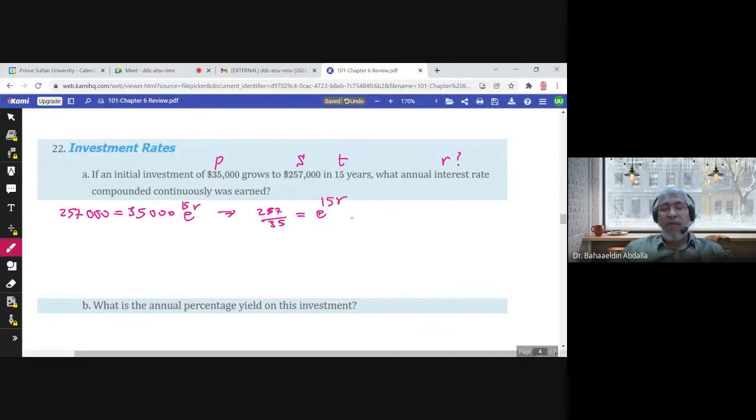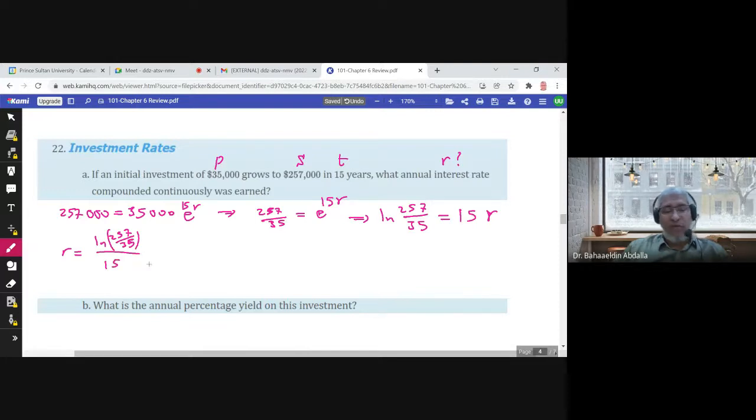And now we apply ln to both sides. And we know that ln of e to the x is equal to x. So if I put ln here, it will cancel with e, and I'll have just 15 times r. So r would be ln of this number over 15.